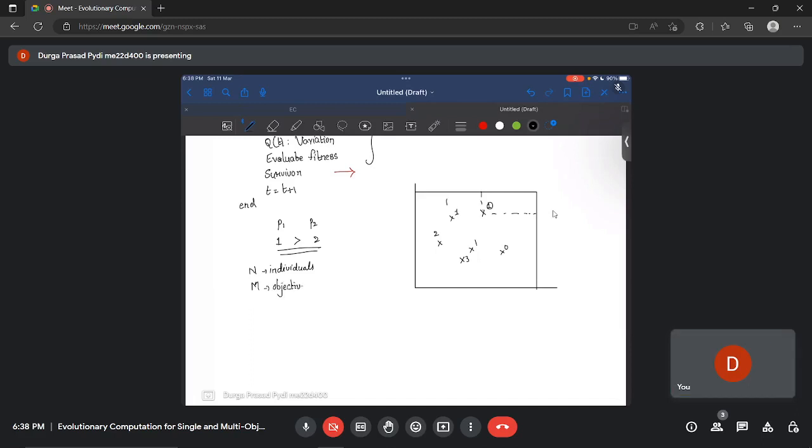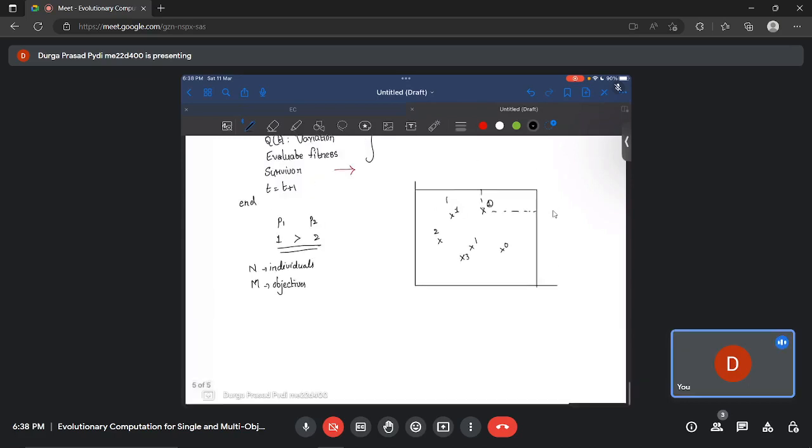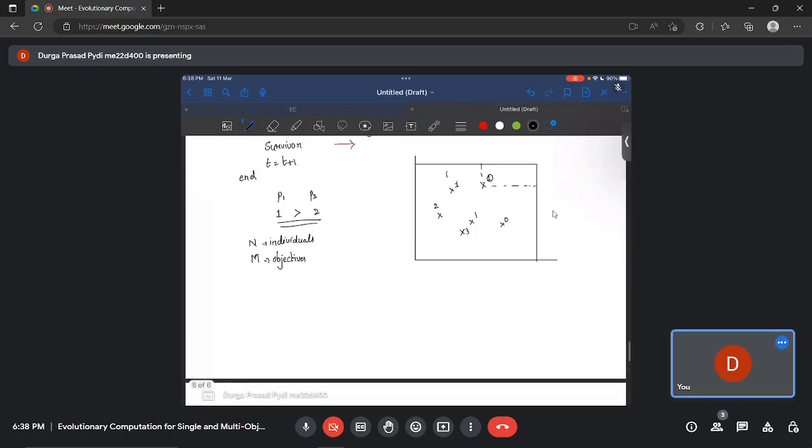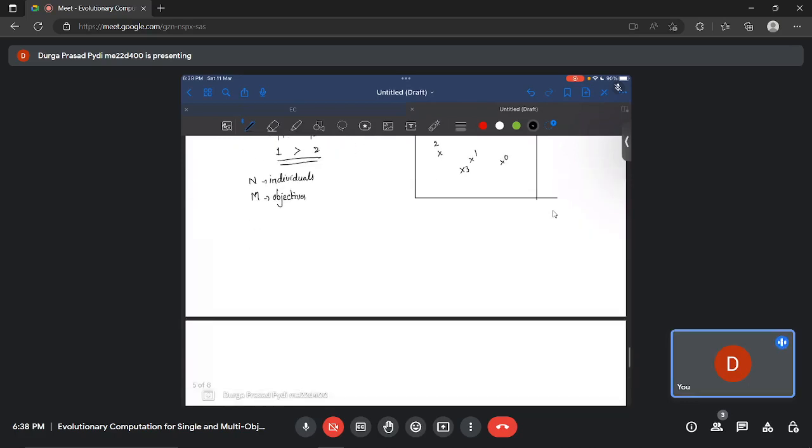How do you find the rank of them? You just loop over i equal to 1 to n, over all the individuals, and for each individual you start another loop for j equal to 1 to n.